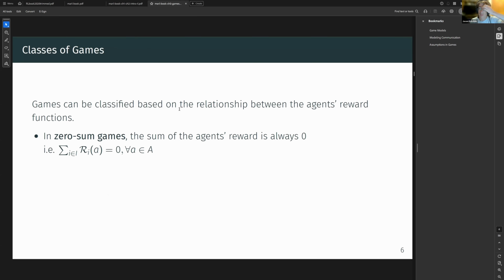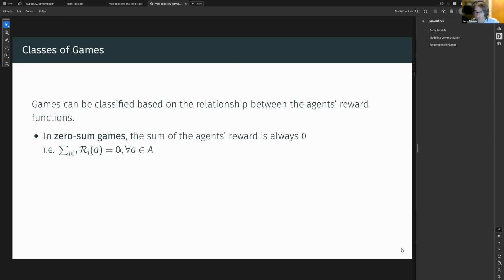Now, the game is defined on the relationship between the reward functions. In a zero-sum game, regardless of what the joint action is, the sum of the reward output is always zero. An example of this would be a game where one player wins and the other player loses.